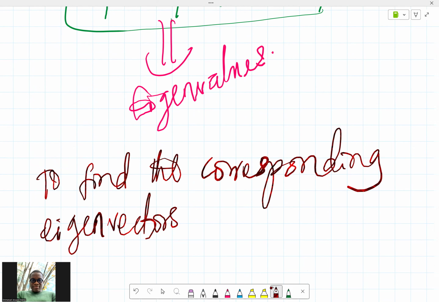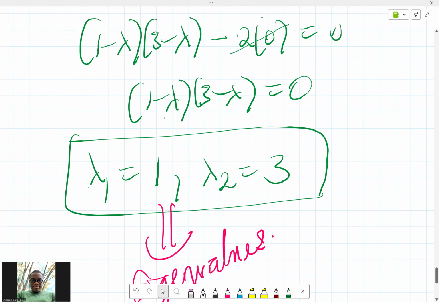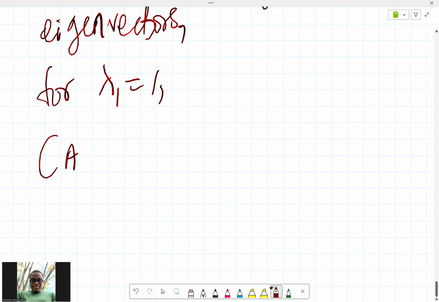We now have to do that for each of the eigenvalues. So for lambda 1, which is equal to 1, we have A minus lambda I times v1, and since lambda is 1, that is A minus I times v1. So we subtract 1 along the diagonal from the original matrix.